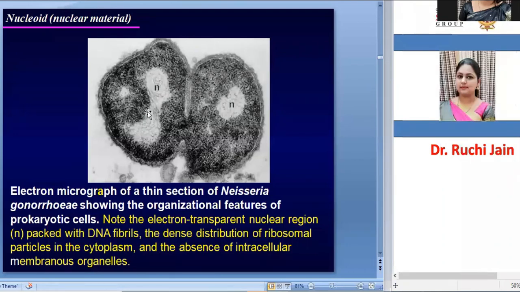Here the nucleoid structure is seen in the less dense part, where N is written, and the dense part is where ribosomes are present. So this is the structure of Neisseria gonorrhoeae that contains the nucleoid in the center part.